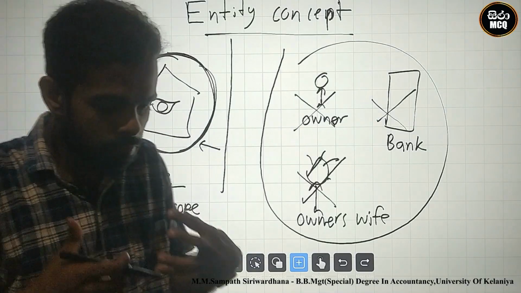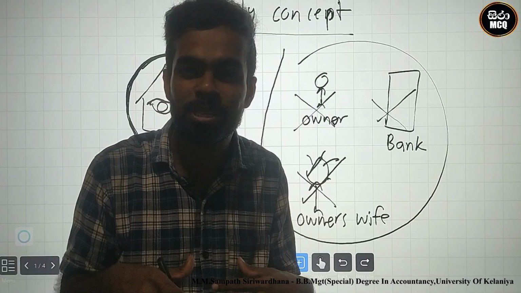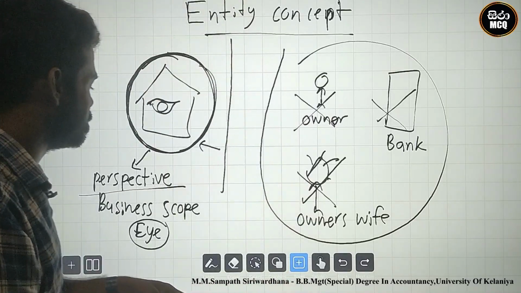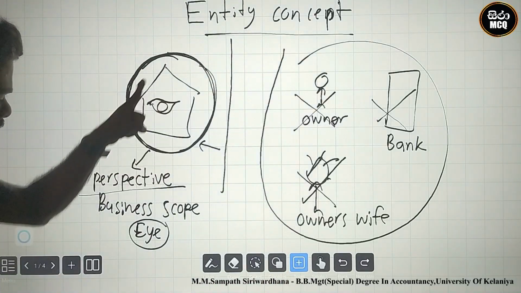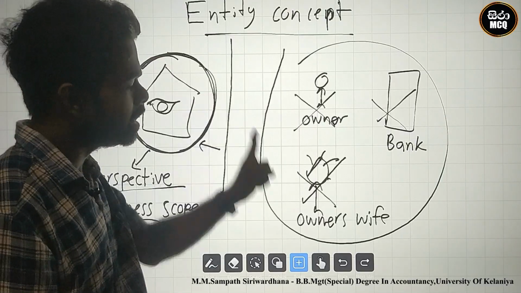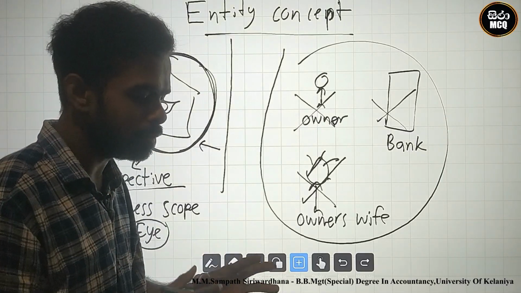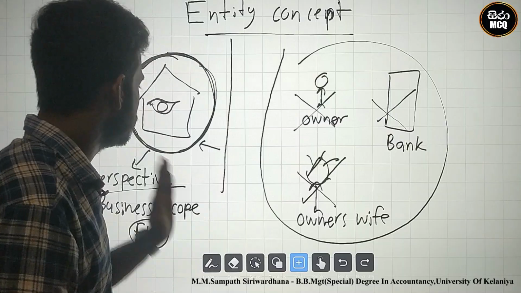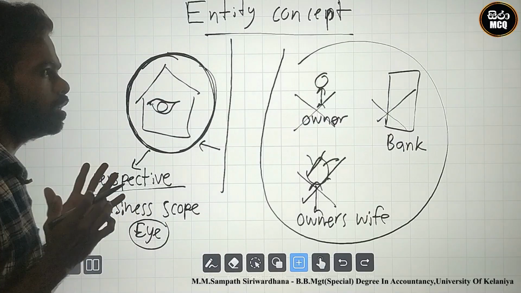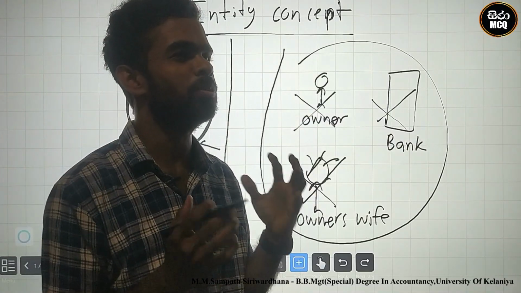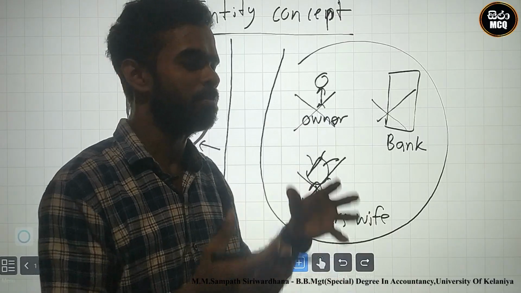Perspective means our perspective. Our perspective means entity perspective. Entity radar area. This is the entity concept. Entity concept means separate one. Separate means only think about our targets, only think about our transactions.